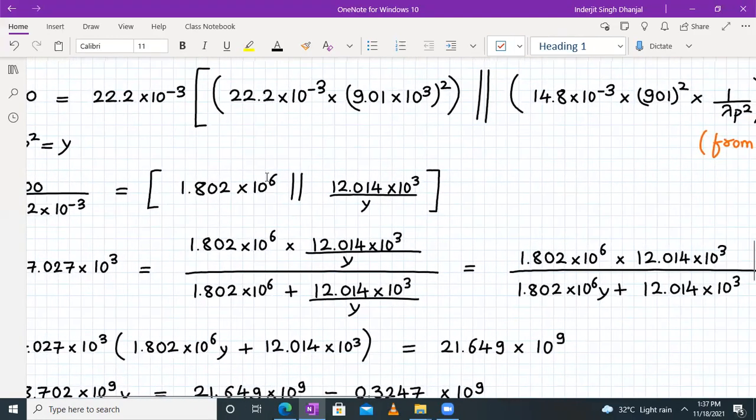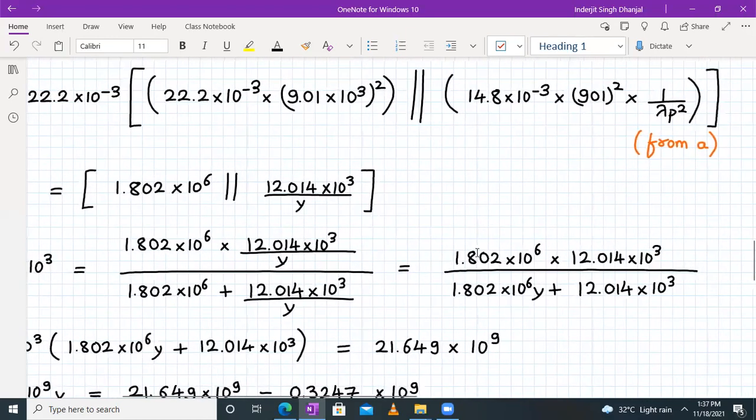Then this is like R1 parallel to R2. So R1 parallel to R2 is R1 R2 divided by R1 plus R2. So after simplifying this, we finally get 1.8 into 10 raised to 6 into 10.01 into 10 raised to 3 divided by 1.8 into 10 raised to 6 y plus 12.014.